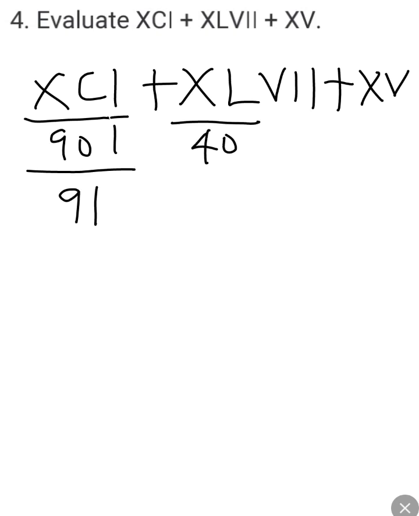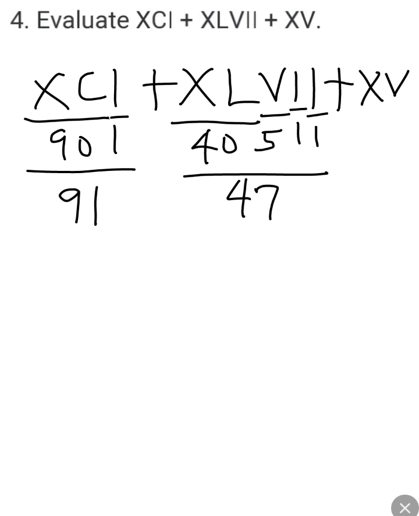Then the next one, I have VII. So for the fact that I'm having V bigger, II the same, and they both are smaller than V, it means everything is on its own. So the V is 5, the first I is 1, the second I is 1. So merging everything to be 40 plus 5, 45, plus 1, 46, plus 1, 47. Then we'll now go to the last one, XV. X is bigger than V, so each of them is on its own.